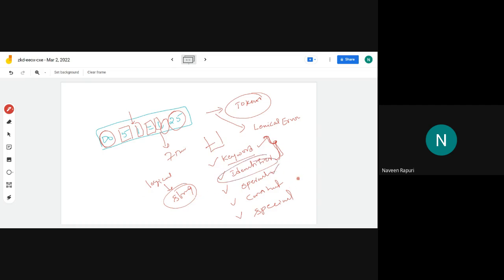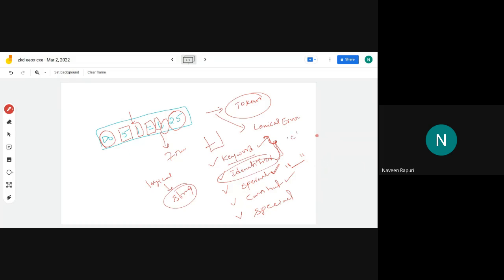We know about the operators, such as plus or minus; those are considered operators. Otherwise there are constants: numbers, floating point values, or string constants. String constants are placed between double quotations.